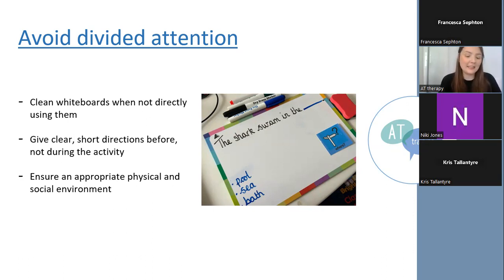We need to provide clear, concise directions before the activity, not during. So give straightforward instructions before starting tasks, ensuring that students understand what's expected without confusion during the activity. And we need to try and foster appropriate physical and social environments. Again, this is not always as straightforward as it sounds.